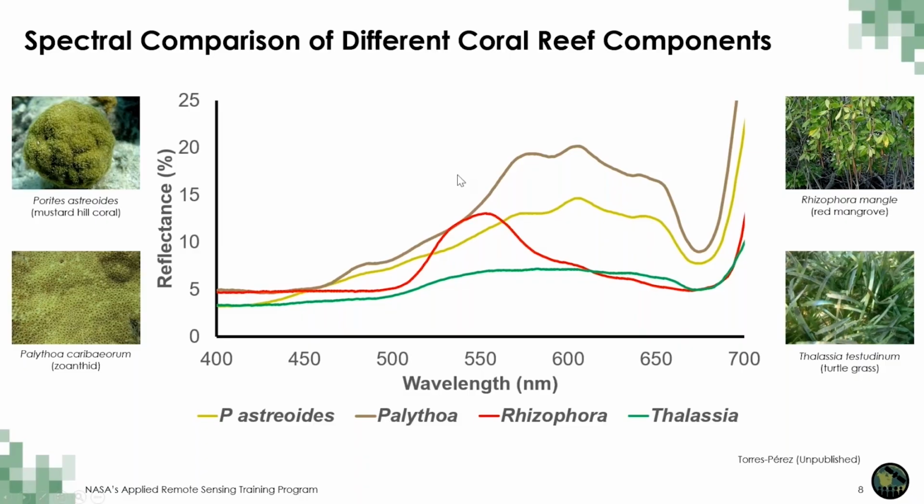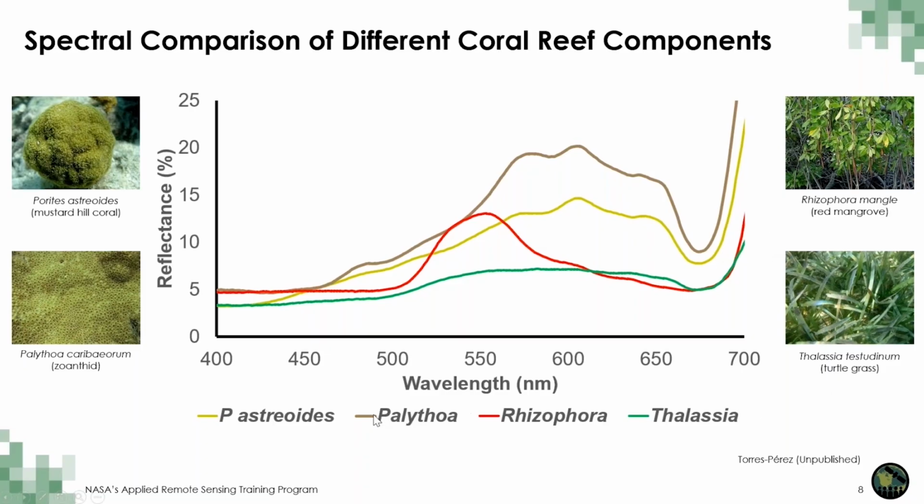For example, we have Porites astreoides, which is a mustard-hill coral, Palythoa caribaeorum, a zoanthid, an organism which is also a relative of corals. And then for comparison purposes, I also included here data from red mangroves and also turtle grass, seagrass as well. This is some of my data.